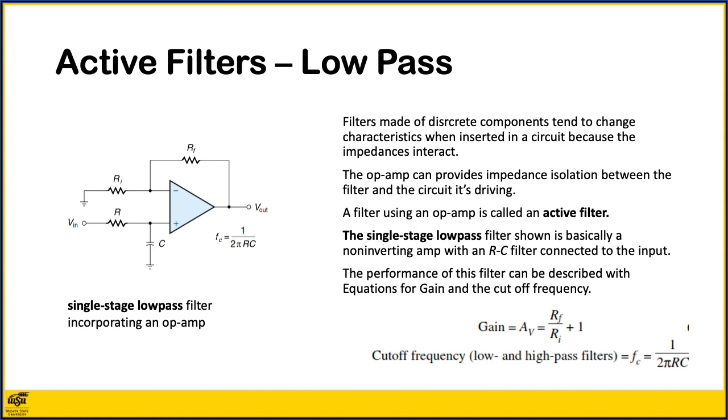This diagram shows a single-stage low-pass filter incorporating an op-amp. Notice that this is basically a non-inverting amp with an RC filter connected to the input. The performance of this filter can be described with equations for gain and the cutoff frequency, as shown.